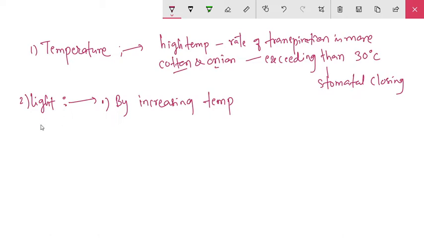First of all, we will discuss the temperature. We know that light increases the temperature.